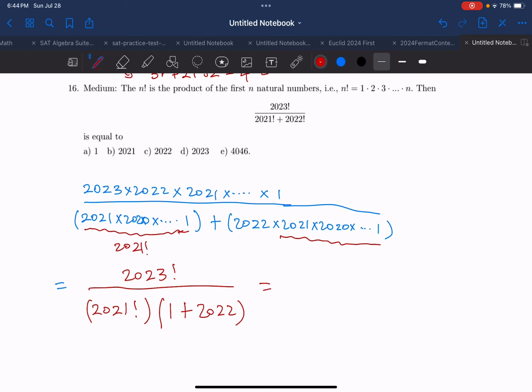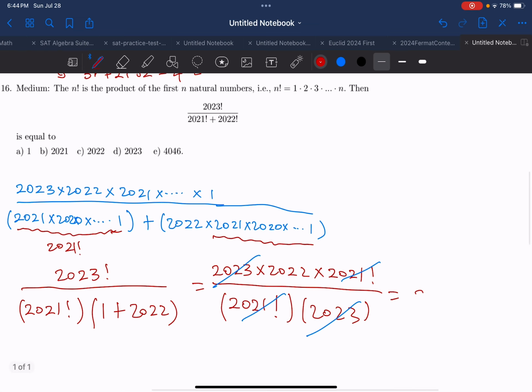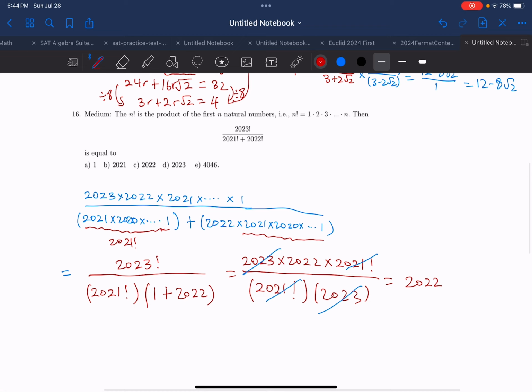But this 2023 factorial could also be divided into 2023 times 2022 times the rest, which is 2021 factorial, over 2021 factorial, multiplied by 2023. And surprisingly, we get a bunch of cancellations. So our final answer would just be 2022. C.